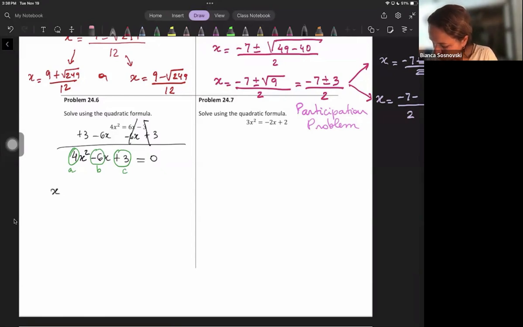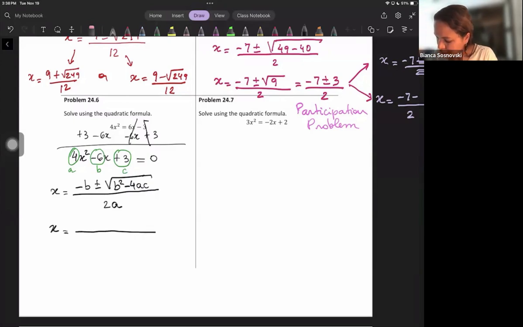So in the formula, the value of x is given by minus b plus or minus the square root of b squared minus 4a times c, all of this divided by 2 times a. And we have that minus b is minus negative 6.